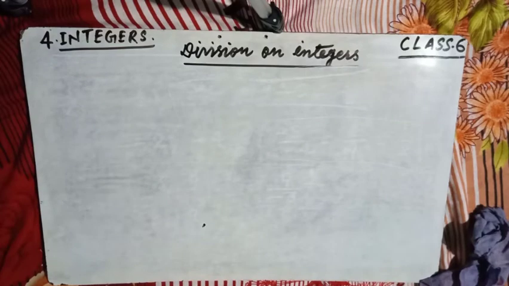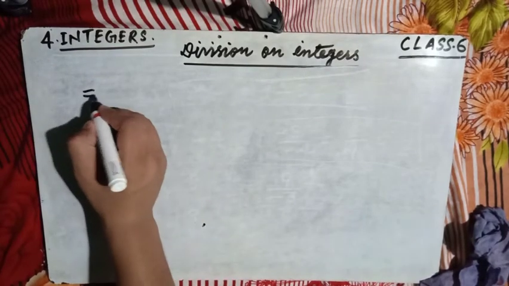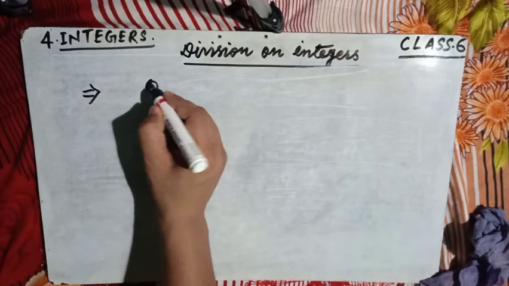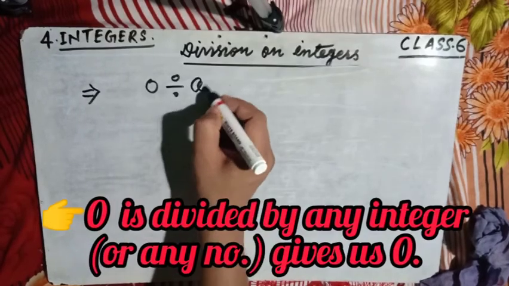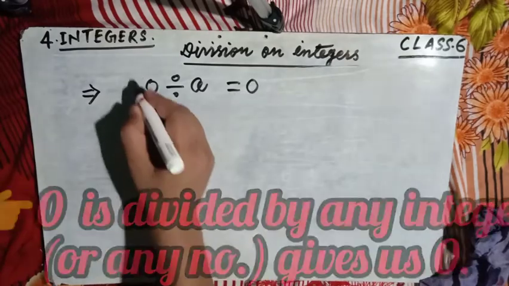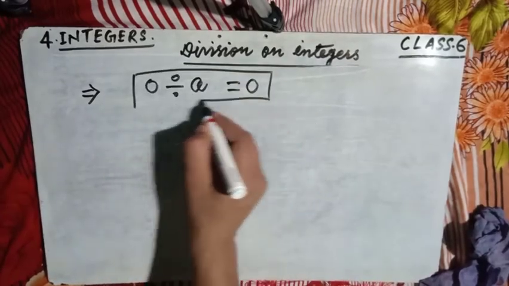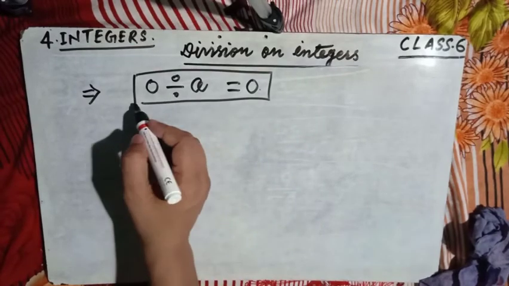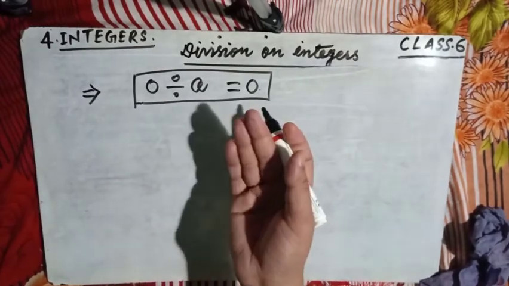Now here is a note point. When 0 is divided by any integer, say a, it gives us 0. You remember, if 0 is divided by any integer, it gives us 0. But any integer is not divided by 0.